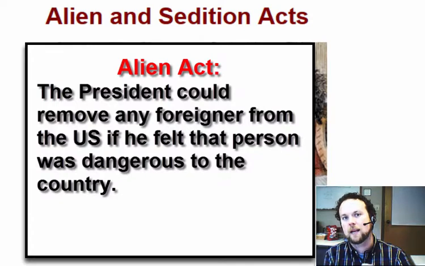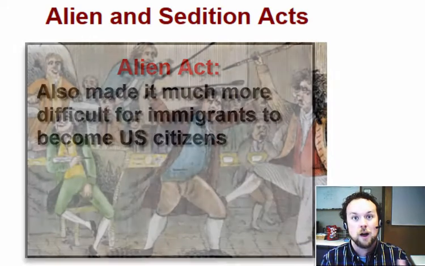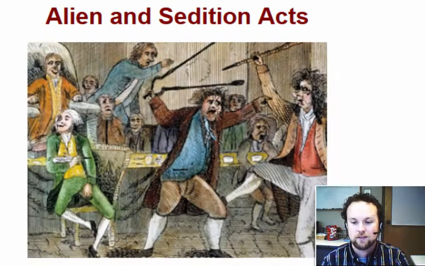The Alien Acts also made it much more difficult for immigrants to become citizens. Now, why did they do this? Well, among other reasons, the Federalists made this law because a lot of the recent immigrants supported Jefferson, and by passing the Alien Acts, it would keep those immigrants from being able to vote for many, many years.